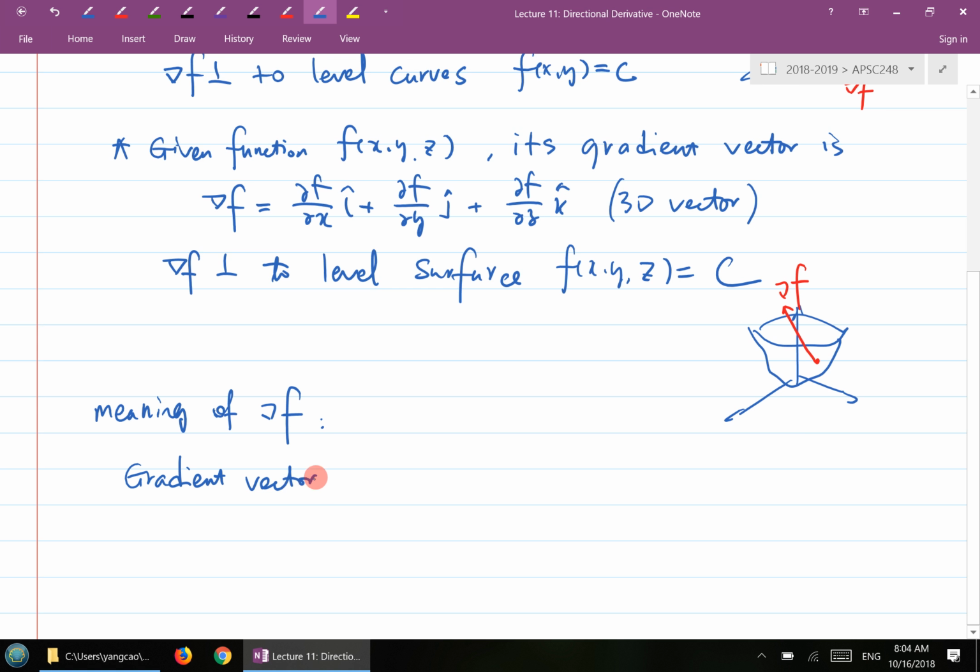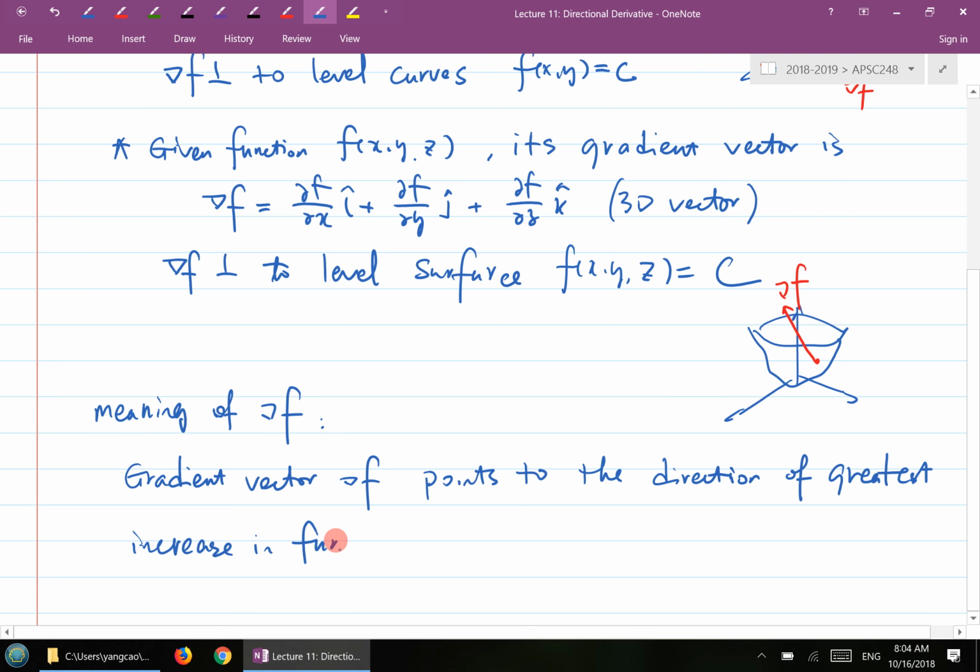The gradient vector del f points to the direction of greatest increase in the function f.